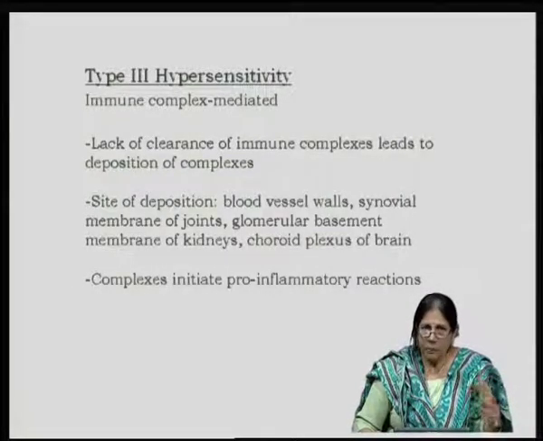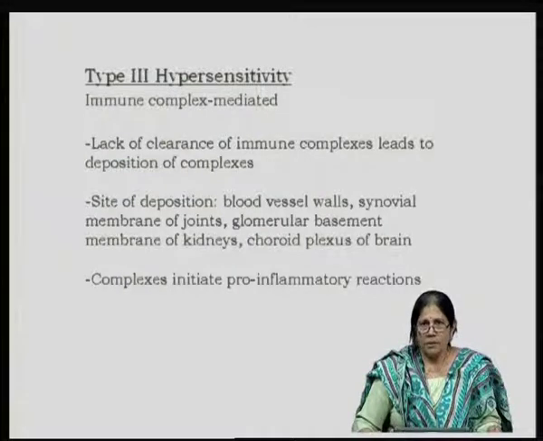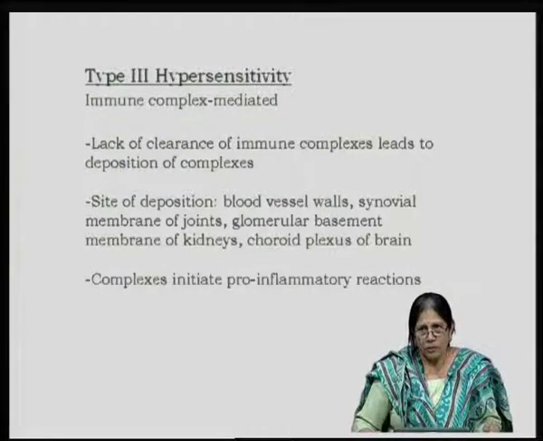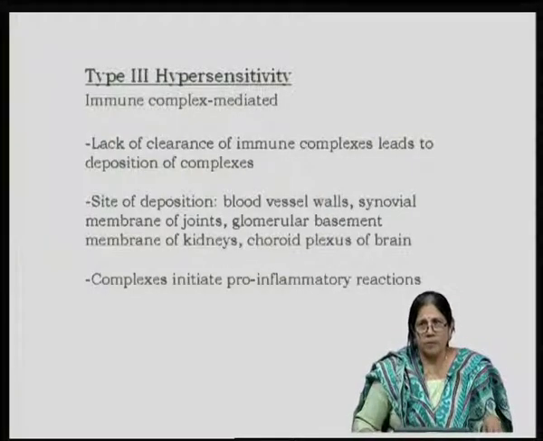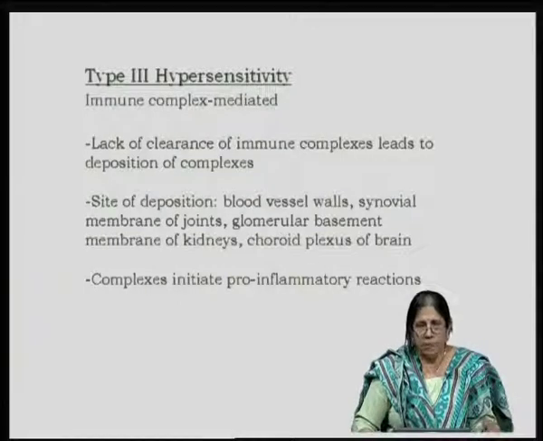Now, this is an inflammatory reaction. The other thing that can happen, of course, is that all the three complement pathways, as we know, culminate in the formation of the membrane attack complex or MAC.